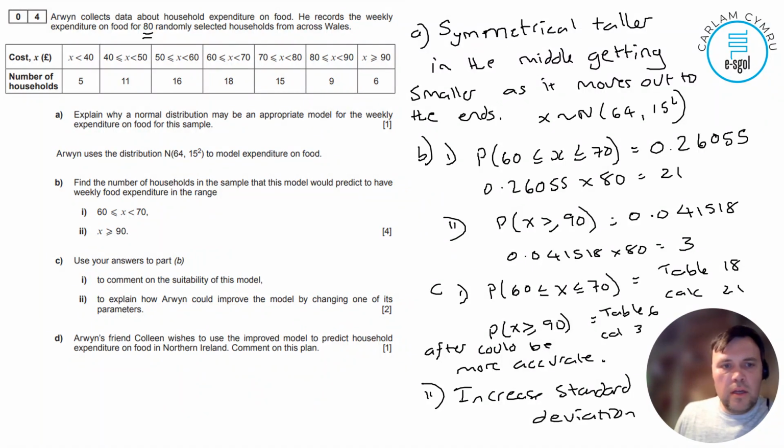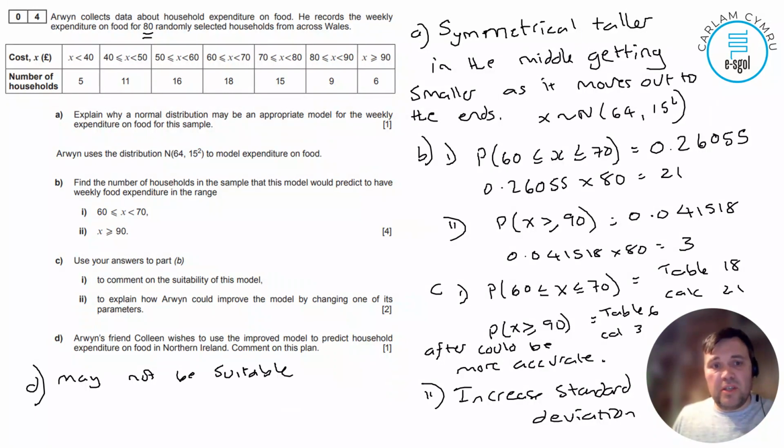That's for the 1 mark. And then part D: Ron's friend Colleen wishes to use the improved model to predict household expenditure on food in Northern Ireland. Comment on this plan. I would say it may not be suitable, because weekly expenditure in Northern Ireland could be different.